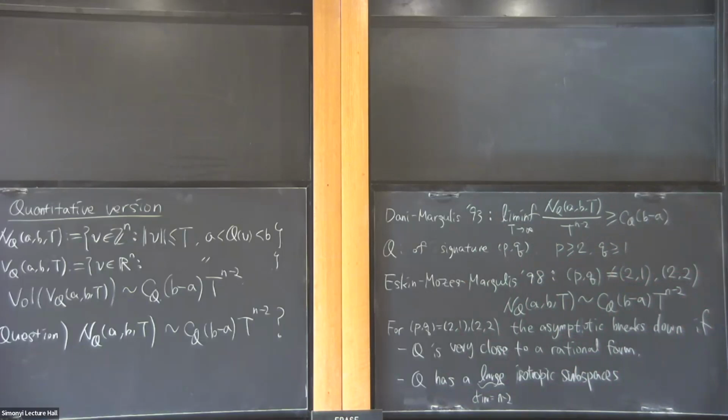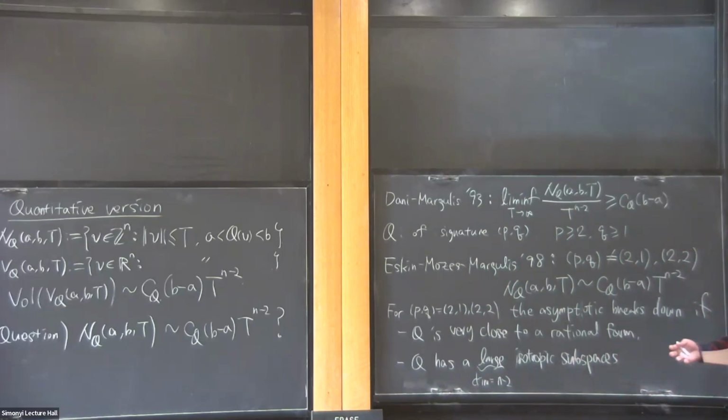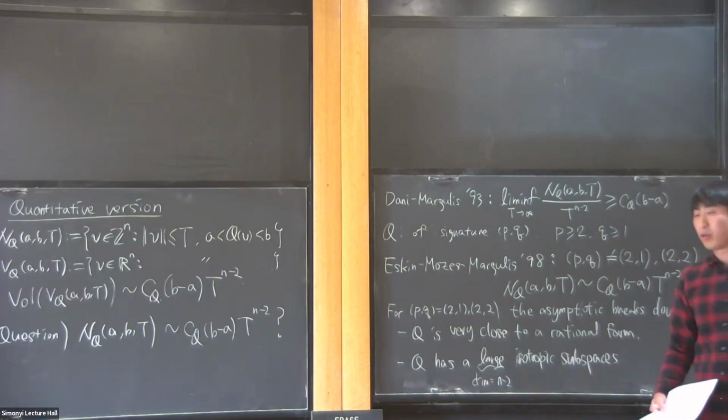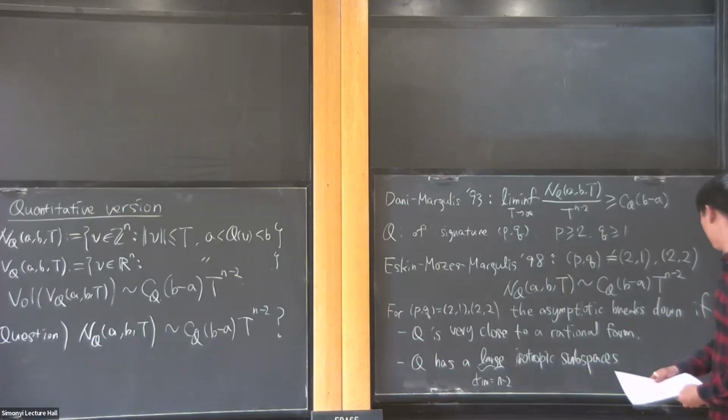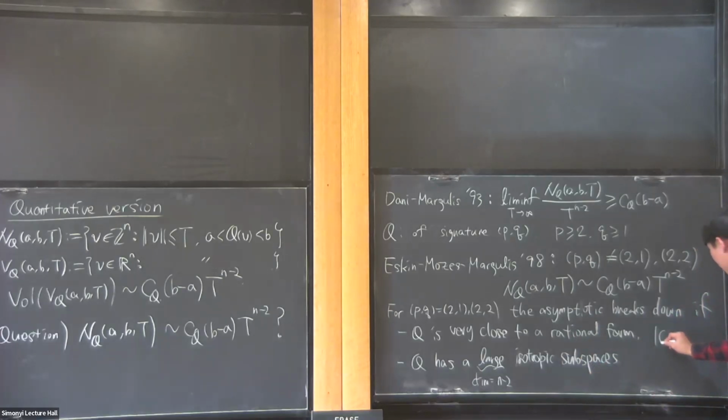What does it mean to be very close to a rational? In a metric Diophantine approximation sense for the coefficients. So in a sense that Q is very close to some rational form Q prime.